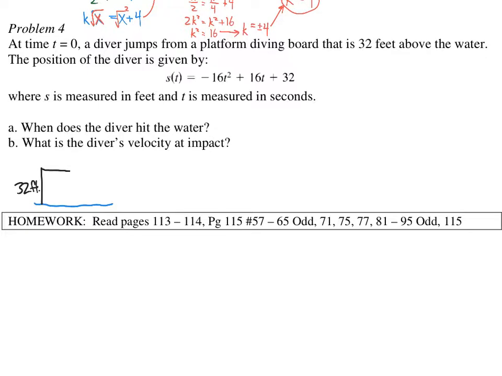Now, you could model it based on that: how far away from the edge of the board does he get as time goes on? But in this case, we're only looking at the vertical height from the water. So he jumps up and then goes down into the water. He might have jumped like this, he might have just jumped like this and barely missed the edge of the board. We don't know. Okay?